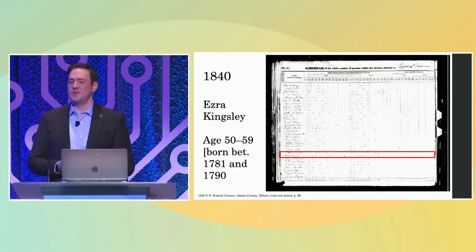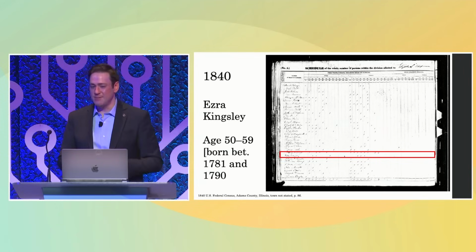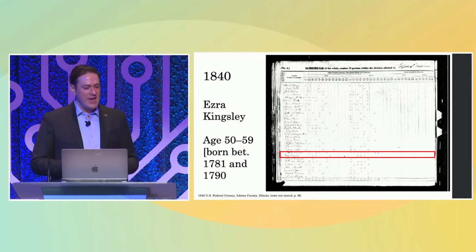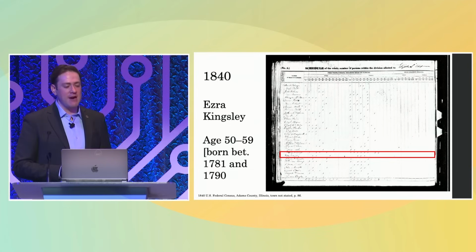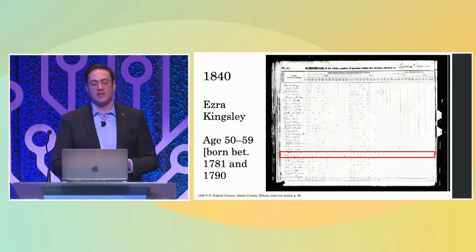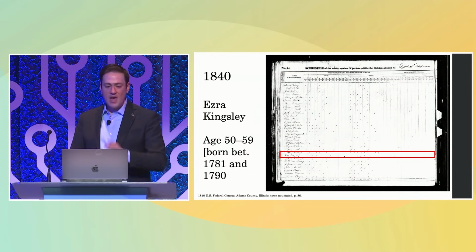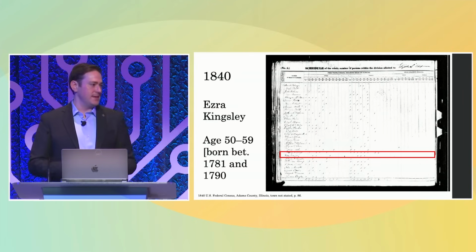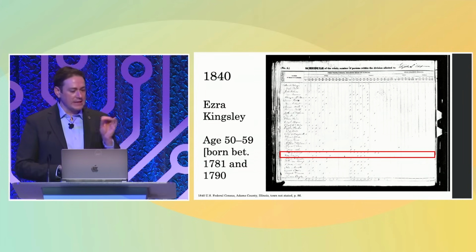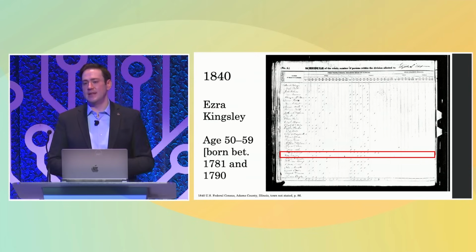Let's see this in action with a relative of mine, Ezra Kingsley. Ezra's one of my favorites because I still don't know that much about him, but here's what I do know. In 1840, he's living in Adams County, Illinois, and he was between the age of 50 and 59. That allows me to identify something about him, that he was likely born between 1781 and 1790.